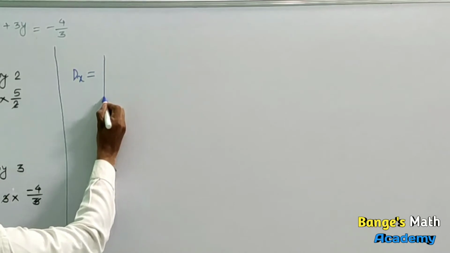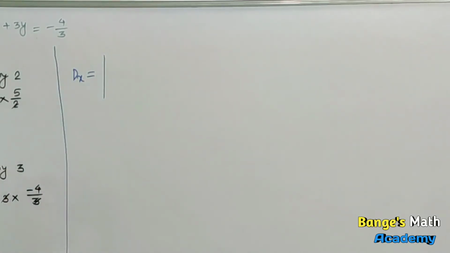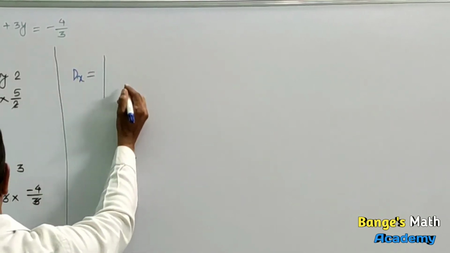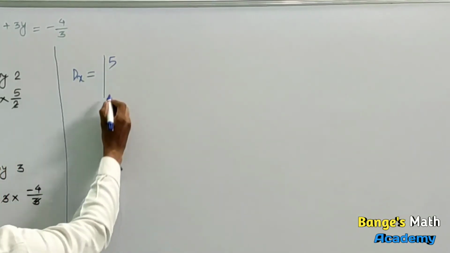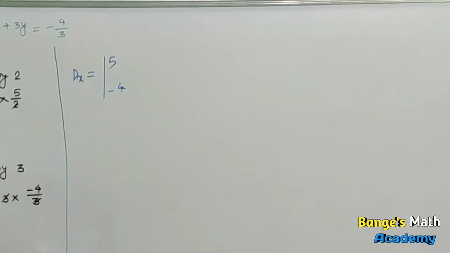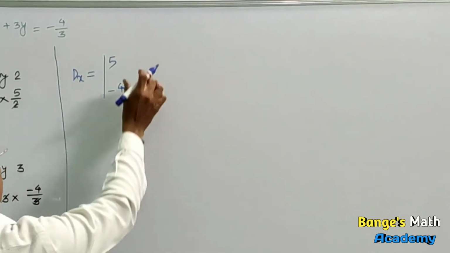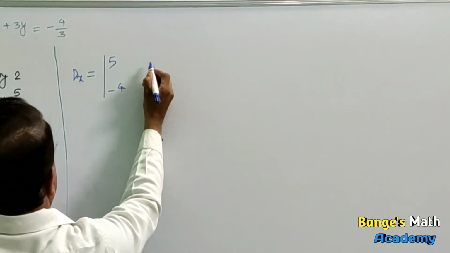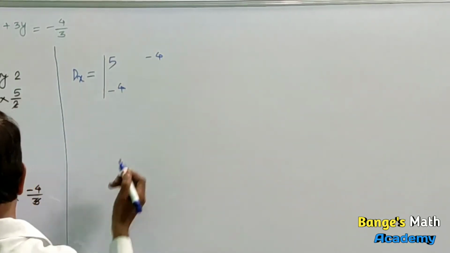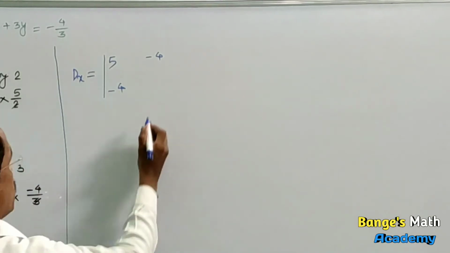dx is equal to, in first column, write down constant terms: 5, minus 4. In second column, coefficients of y: minus 4, 9.